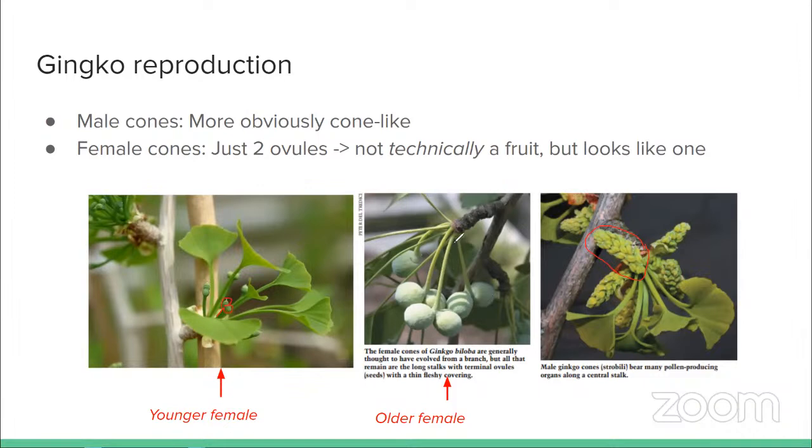Which then as they develop, form a larger structure like this that does have a little bit of a fleshy coating around it. So these are not technically a fruit. Fruits are specific to our angiosperms, because the ginkgo will actually form the structure regardless of whether it's fertilized or not. So it has a little bit of a different embryonic origin. It's going to look like fruit. So if you're looking at these structures that turn kind of yellow and then drop off, you've got a female ginkgo tree.